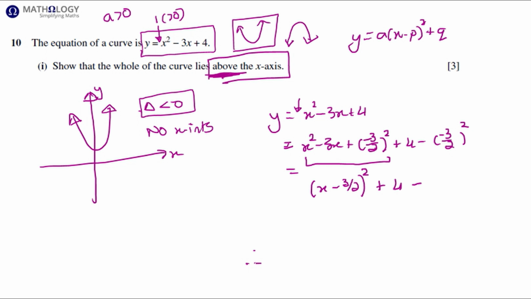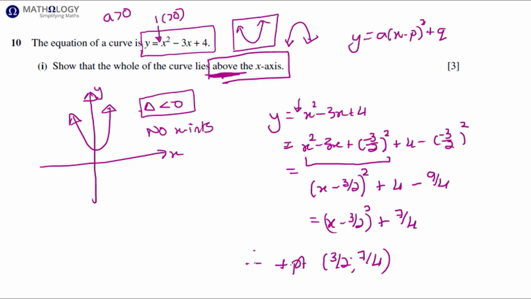That's 4 minus 9 over 4, so that's x minus 3 over 2 all squared plus 7 over 4. So the turning point is the point 3 over 2, 7 over 4.